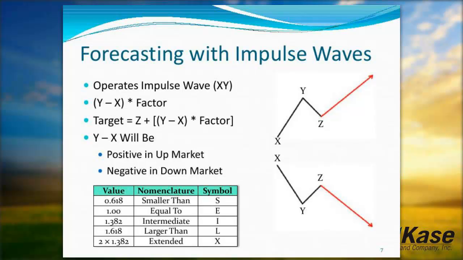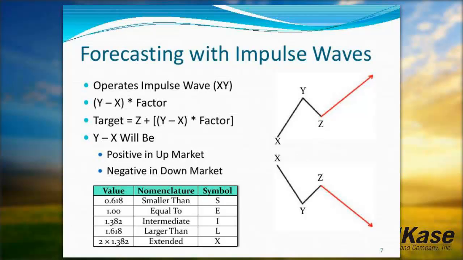All of those except for 1 are derived from the Fibonacci sequence and phi, phi prime. Now, 1 just naturally is an important number. It's a whole. And we name these projections. This isn't something you're going to find anywhere else. We name these because we use them in our weekly forecast, and it's a lot easier to talk about the smaller than projection rather than the 0.618 or phi prime projection over and over.